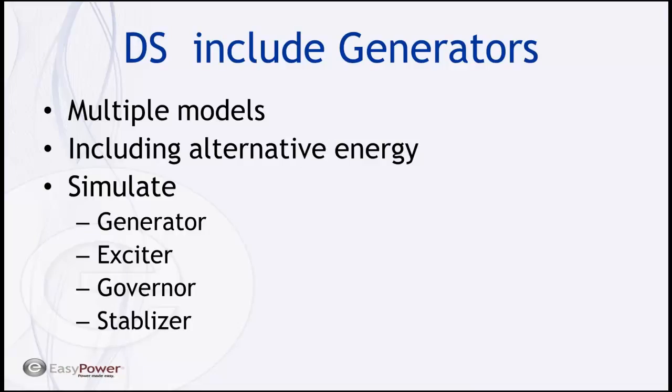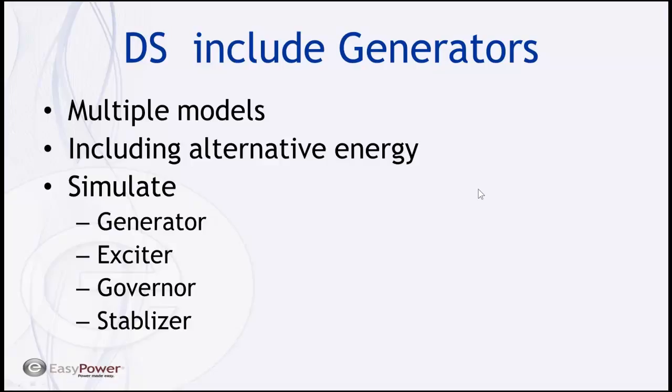And this includes the models for PV or solar farms or wind turbines. So in the simulation model, you'll see that we can include simulation models for generators, the exciters, governors, and stabilizers.